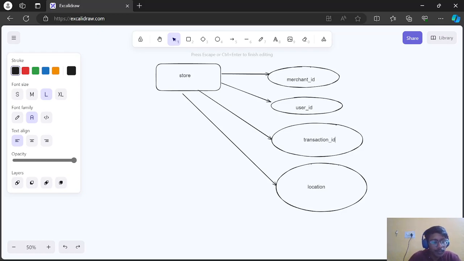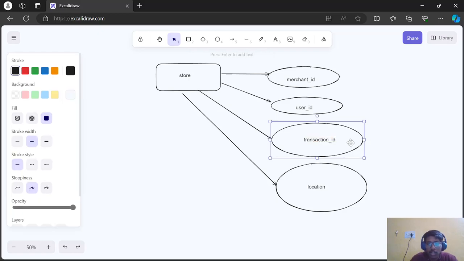It uniquely identifies each transaction that occurs in the store. Whenever we go to a store, we make some kind of transaction and some amount of transaction, right? So this transaction ID here links the store entity with other entities, such as the customer, the one who is making the payment here, and the product, the payment which is being done to buy that product, and the transaction, of course.